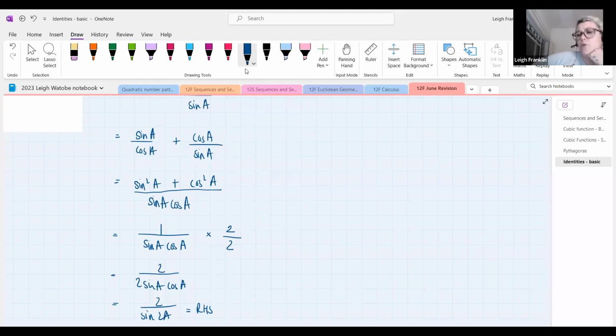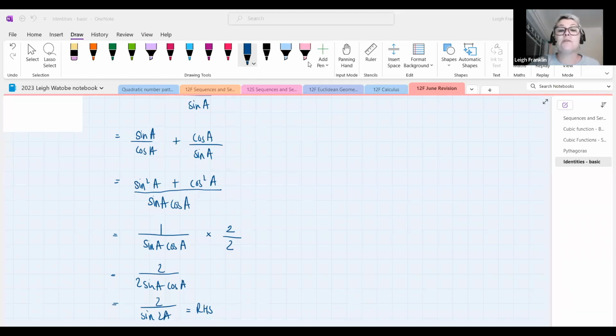No problem with that at all. If you want to go to the right-hand side and work with that identity, you can. With this one, you'd get as far as 1 over sine A cos A, and you wouldn't be able to go any further, so you'd go to the right-hand side. As long as you work with the right and the left separately, it's not a problem. Okay, this might be a little bit faster, and that's all. Nothing wrong with what you did.